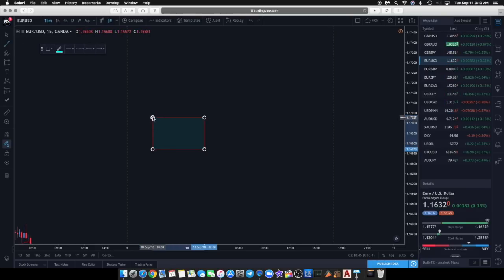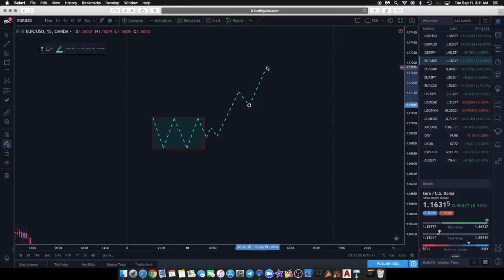There's the Asian range, and then again, here's price moving up and down. And then what'll happen is you'll get something like this.